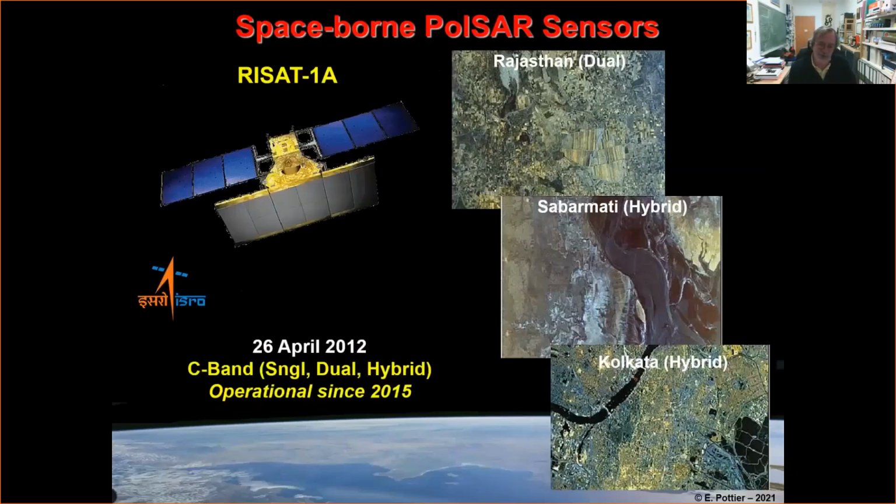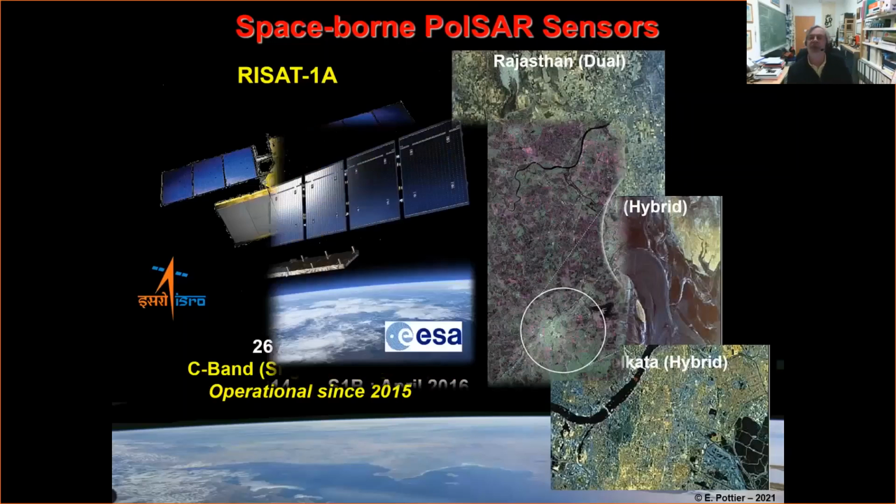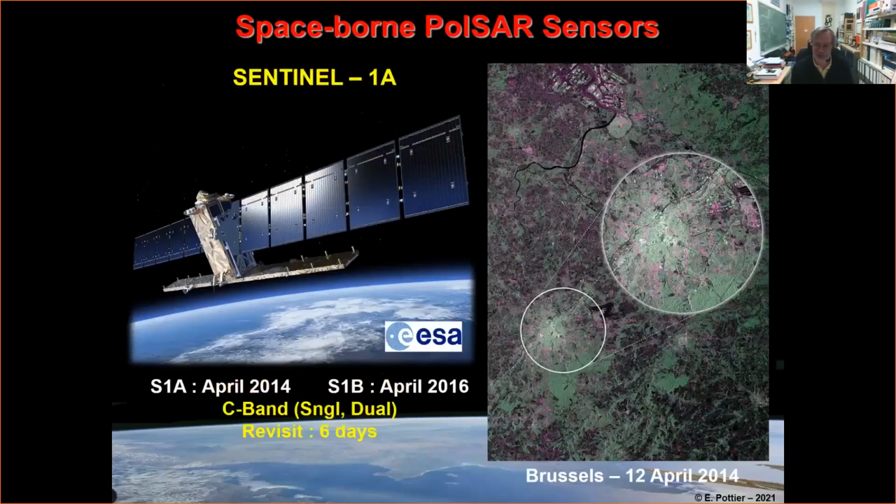It means that you mix different kinds of polarization during the transmission and during the reception. This is what we call hybrid polarization, or also compact polarization. And we have Sentinel-1A, which is a dual-pol system, which provides HH-HV or VV-VH.